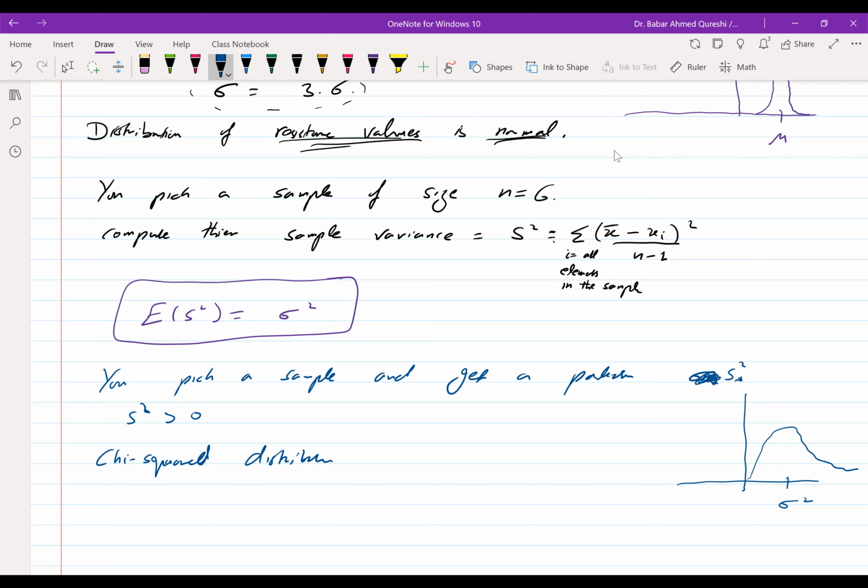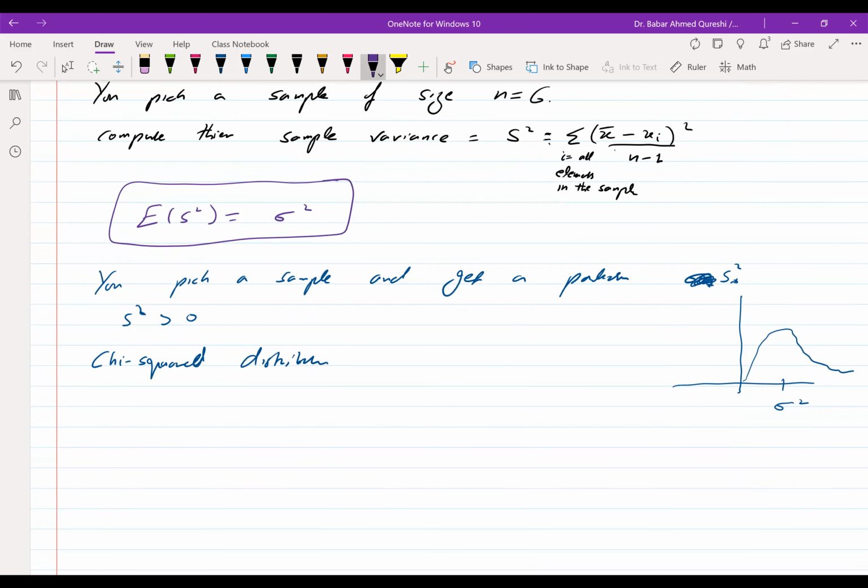And this is defined through this variable chi-squared with an index n minus 1. So for a sample of size n, the variance will be according to a chi-squared variable, which is defined this way.